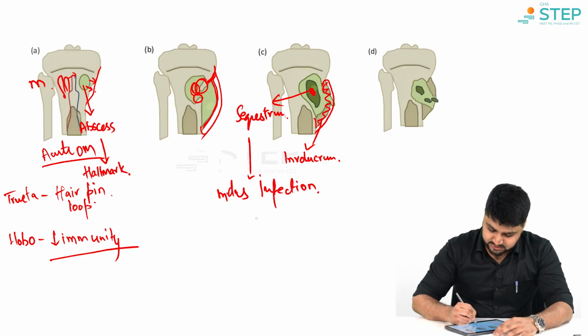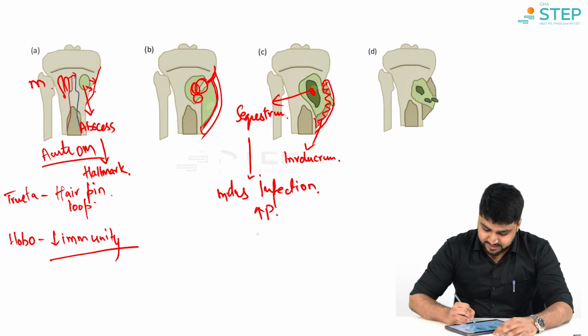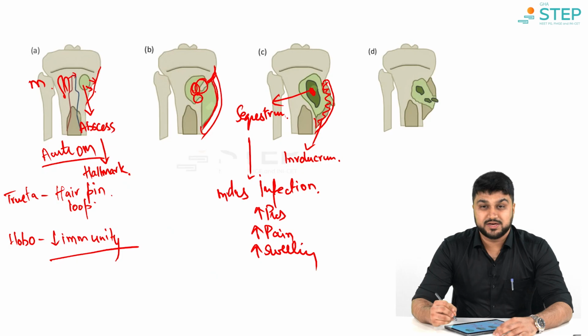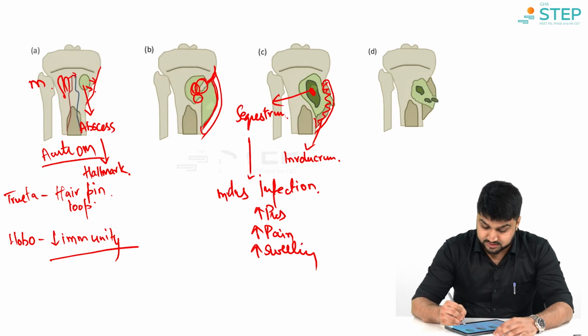So the pus inside continues to build, the pressure inside continues to build, and clinically the patient will have increased pain and increased swelling. This continues until eventually this pressure results in the abscess to come out through the involucrum to form a discharging sinus.